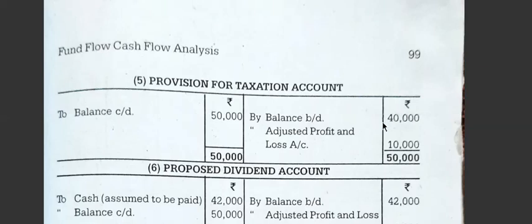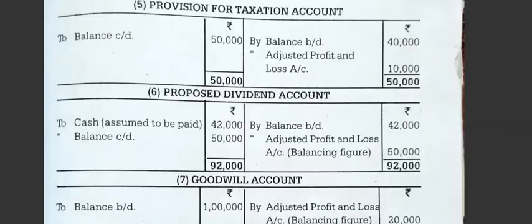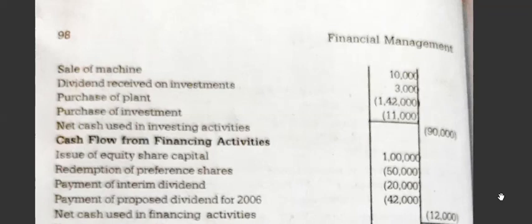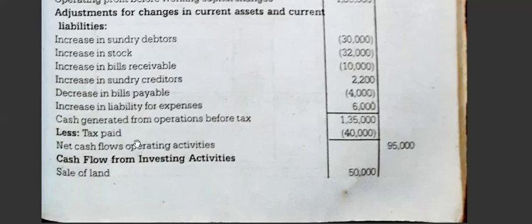Why is it 40,000? Last year's tax is paid in this year. Last year's opening balance is 40,000, so that taxation is paid here. Tax paid 40,000, deduct, you will get 95,000.